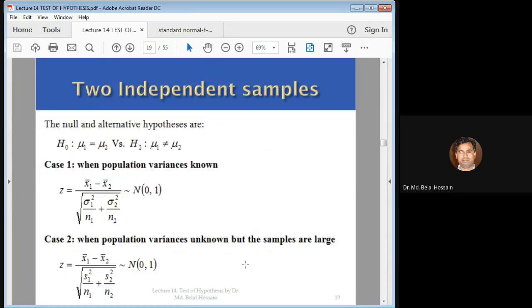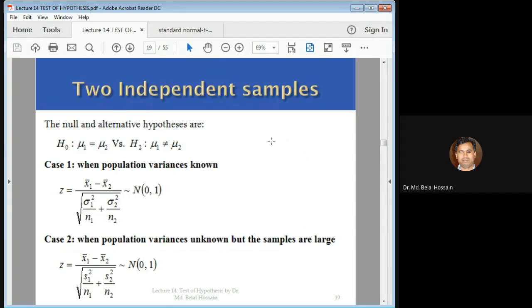So when you have two independent samples and you want to test whether the null hypothesis is mu1 equals mu2, what does that mean? mu1 is the mean of the first population, mu2 is the mean of the second population. So we are talking about two independent samples.